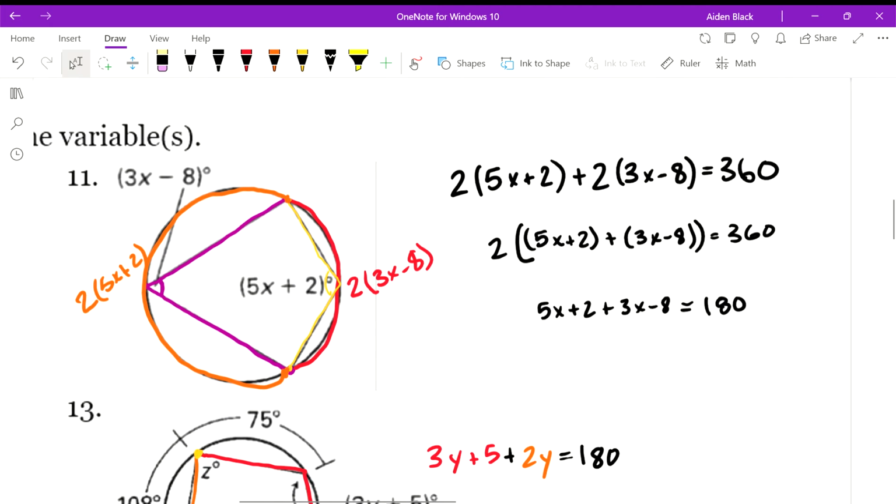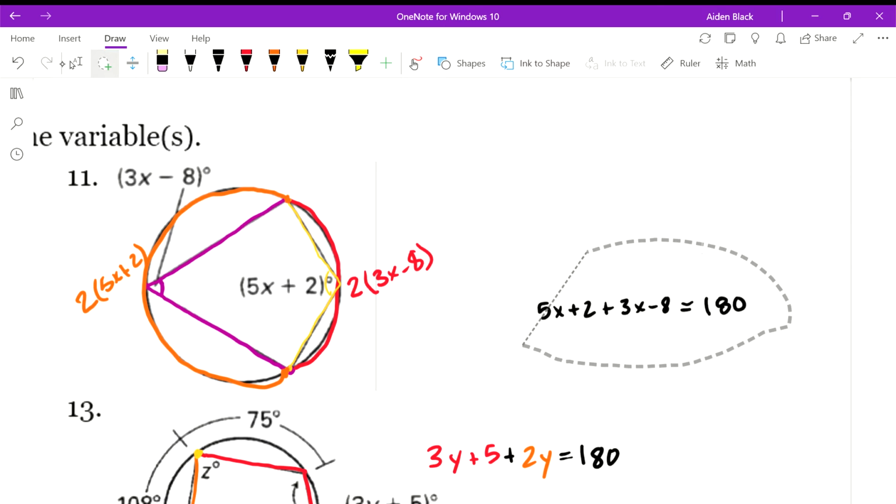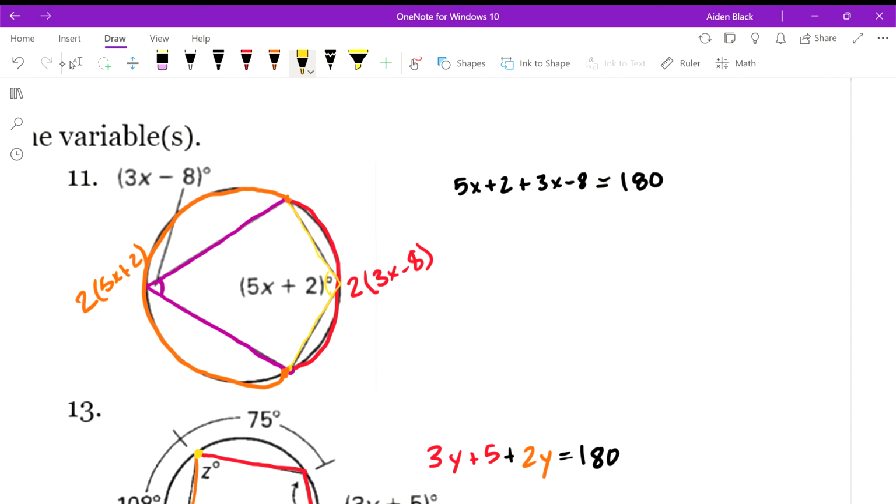So to kind of shortcut this one, let's move this up. Combine like terms, we get -6. And 5x and 3x is 8x equals 180. So add 6 to both sides, we get 8x equals 186.